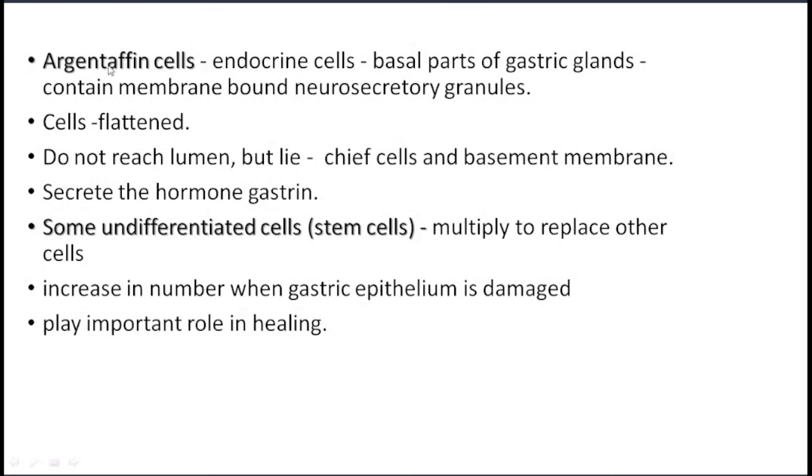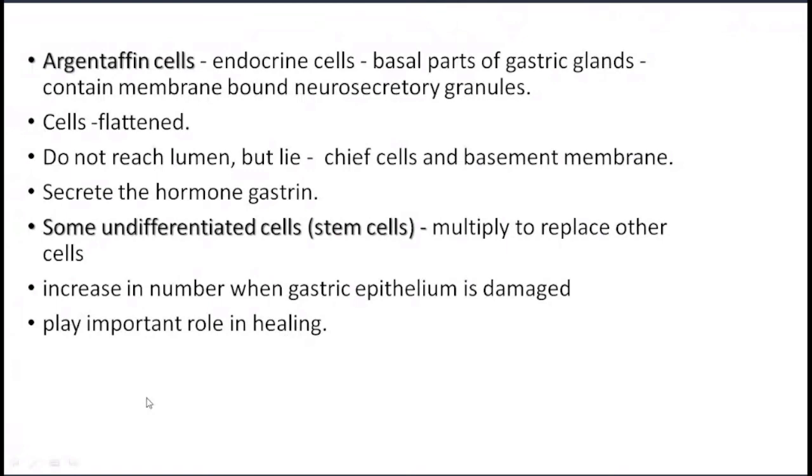The function of these argentaffin cells is to secrete the gastrin hormone. Then there are some undifferentiated cells, that is called the stem cells, which multiply to replace the other cells. The number of stem cells may increase when the gastric epithelium is damaged, and these undifferentiated cells or stem cells play an important role in the healing.